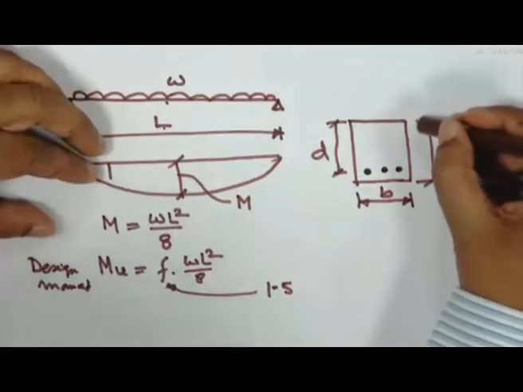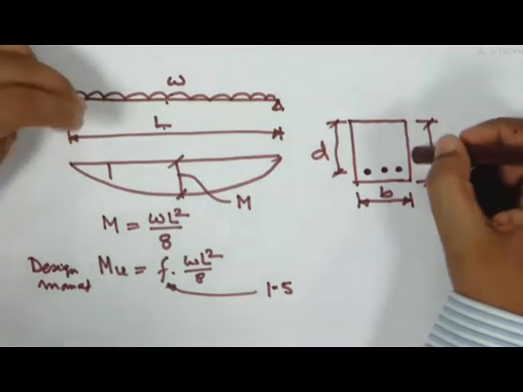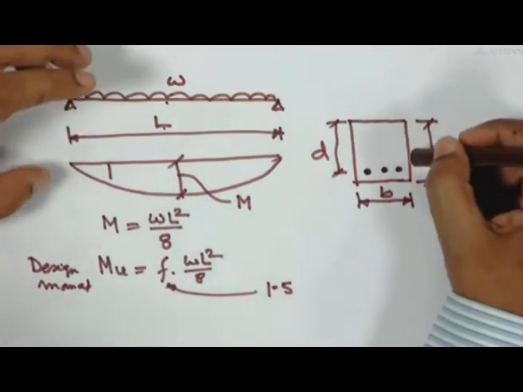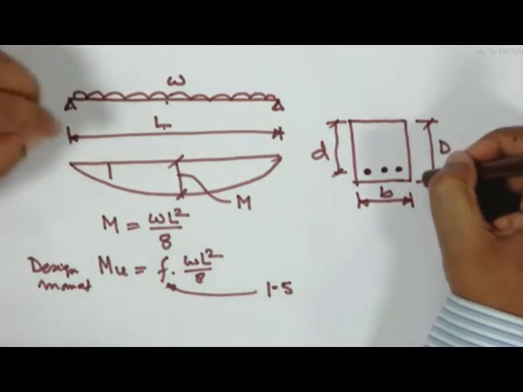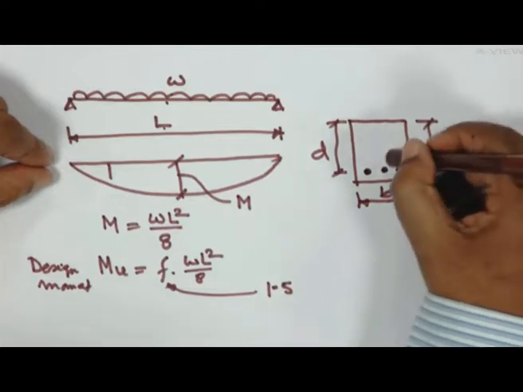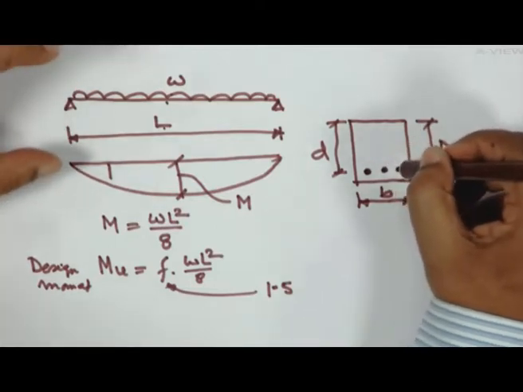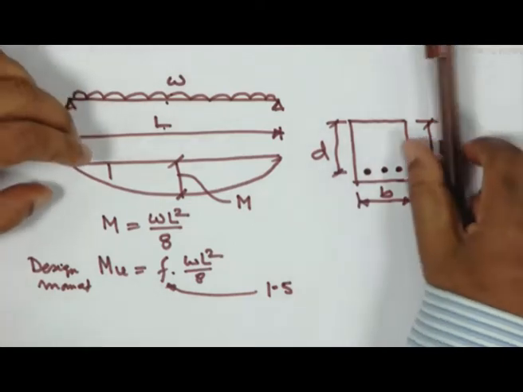In this case the depth is dependent on the strength and on the load, that is, how much bending moment is coming. You cannot provide just whatever you like. You have to provide what is coming from the point of view of the applied load or applied moment, in this case 200 kilonewton meter.